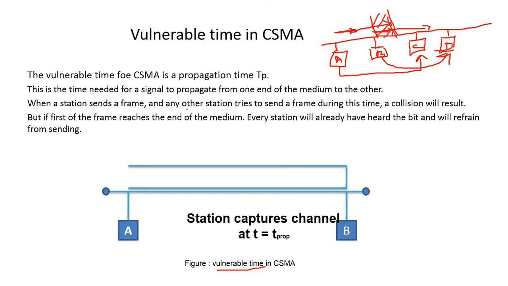When a station sends a frame and any other station tries to send a frame during this time, a collision will result, like what we have discussed here. But if the first bit of the frame reaches the end of the medium, every station will already have heard it and will refrain from sending. So we can solve the problem of carrier sense multiple access.